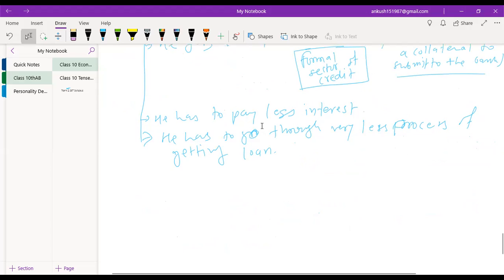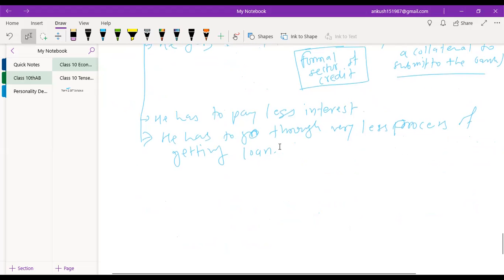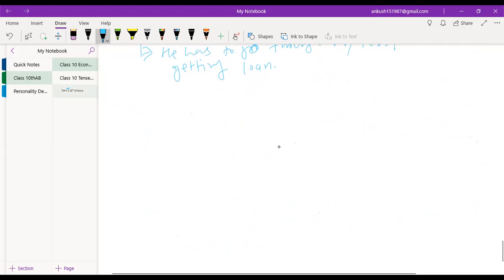And second thing, he has to pay a less rate of interest, as that bank belongs to the formal sector of credit. Understood? And many processes are not needed whenever the collateral is given as security. Understood? Such things are happening. Yes. Now the person can overcome such kinds of problems.